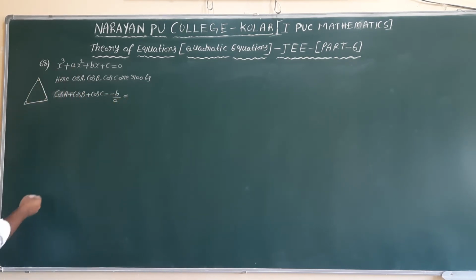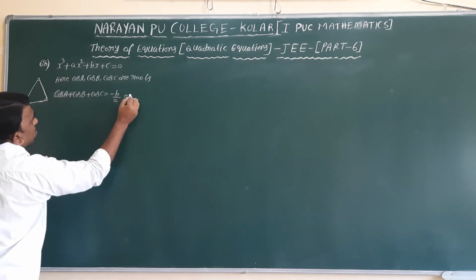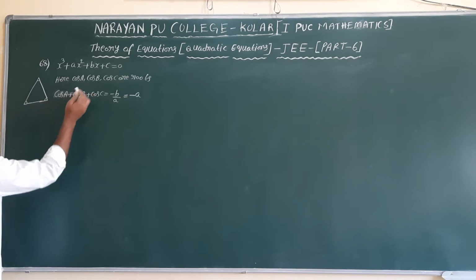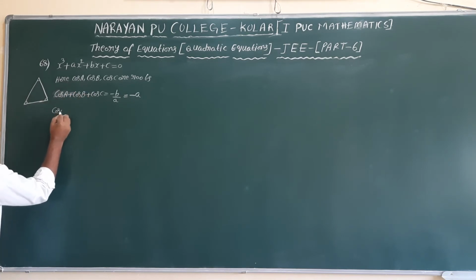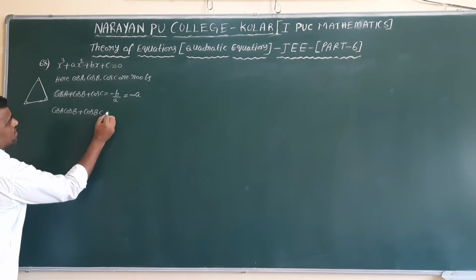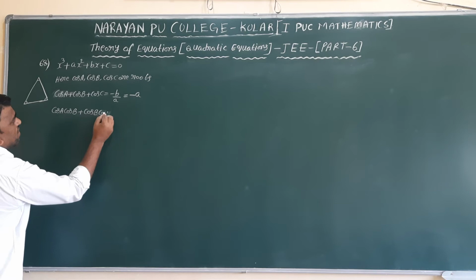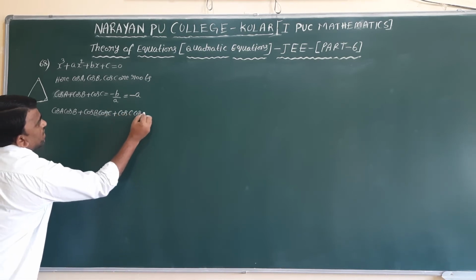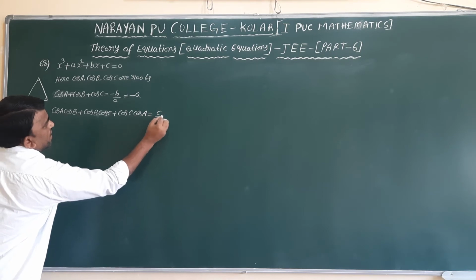Here b is the x square coefficient, minus a by 1, that is minus a, that is cos a plus cos b plus cos c. Next, the product of two: cos a cos b plus cos b cos c plus cos c cos a is equal to c by a.